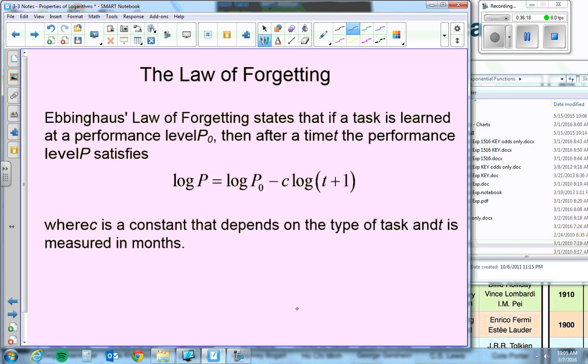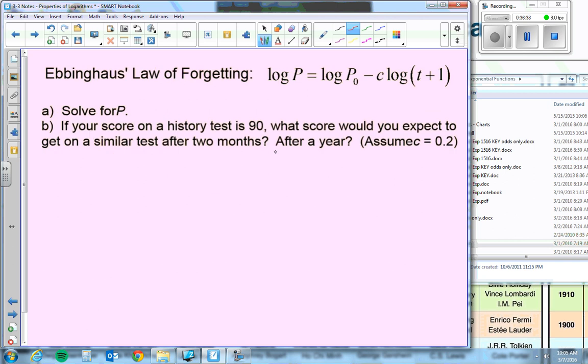All right, just a few little extras. I thought this was something else. Ebbinghaus's law of forgetting. So, I think it's pronounced Ebbinghaus's law of forgetting. So once you learn something, your initial performance is how well you learn at the beginning. So like here, we could say the initial ability was 90.